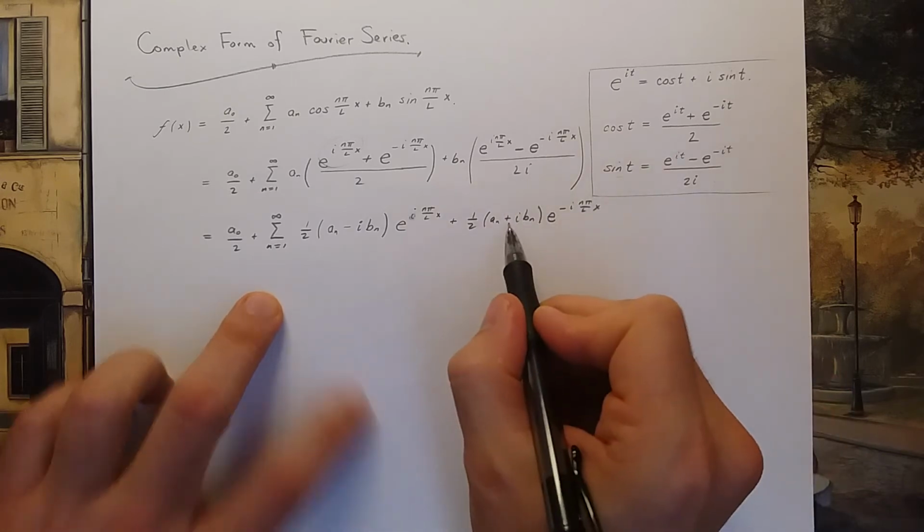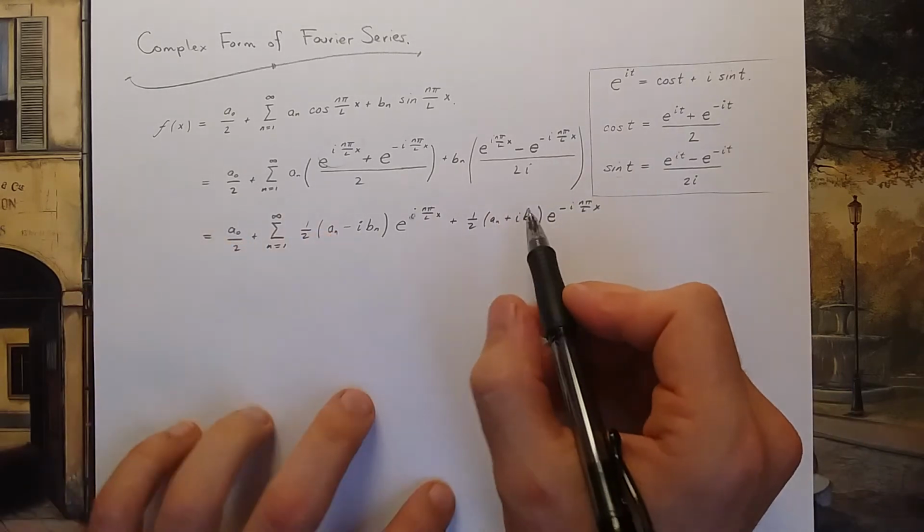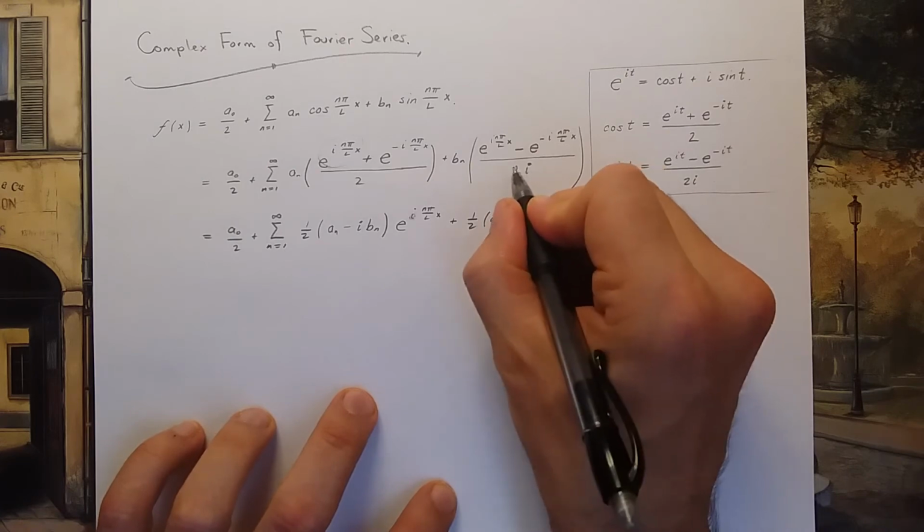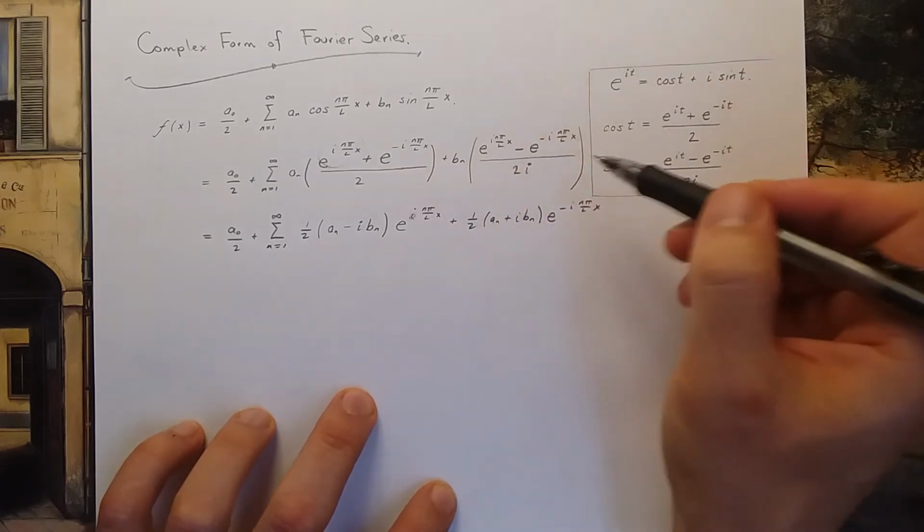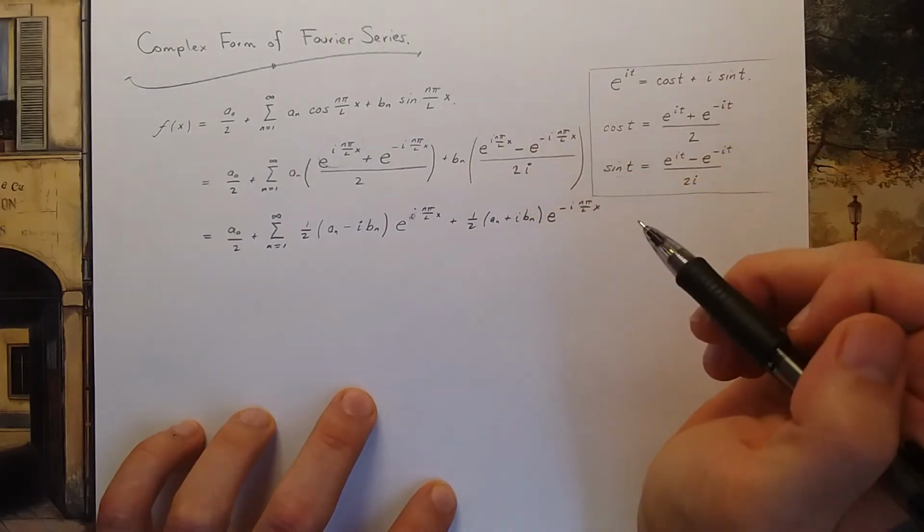It might look like I mixed up the pluses and minuses, but I didn't, because here I'm dividing by i, and that's the same thing as multiplying by a negative i.